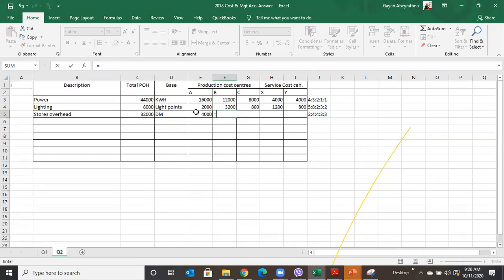Equals 32,000 divided by 16 into 4. Then here also 8,000. Then here equals 32,000 divided by 16 into 3. Here also 6,000.